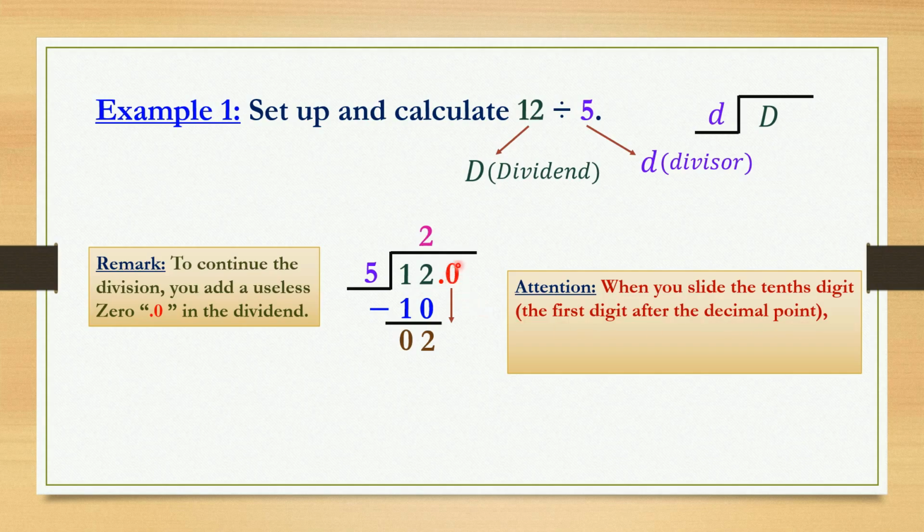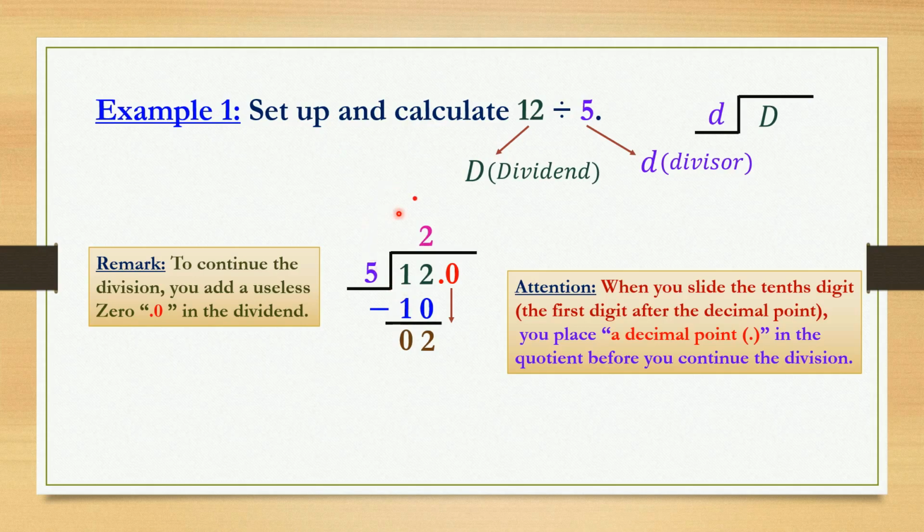Here 0 is the tenth digit. It's the first digit after the decimal point. When I slide it, you place a decimal point in the quotient before you continue the division. So here, before I slide the 0, I need to place a decimal point in the quotient. Then I slide this 0.